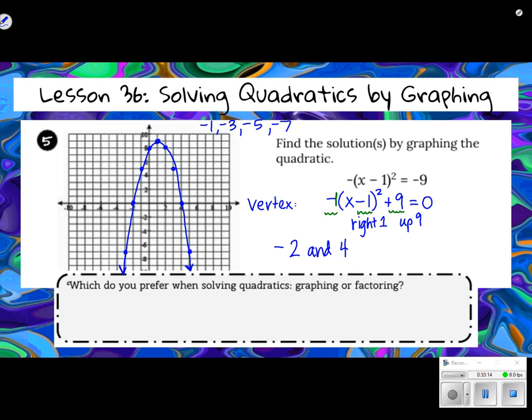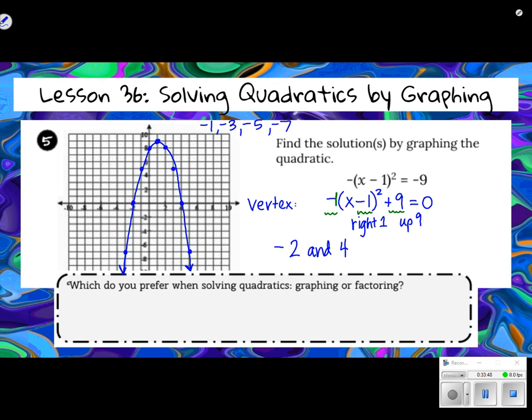So you have a lot of capabilities as far as graphing goes because I've shown you different things. You can graph in factored form. Can you factor the problem that you're working with? If so, you can find the zeros really quick right away and build the rest of the graph around it. If you can't factor it, then you can always do, especially if it's in standard form, find the vertex, negative b over 2a, and then plug in points around that vertex and see, does it cross the x-axis?